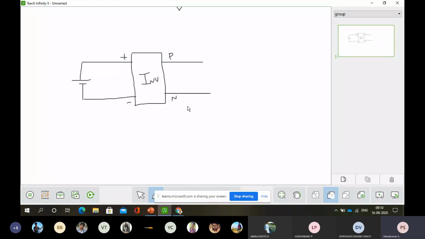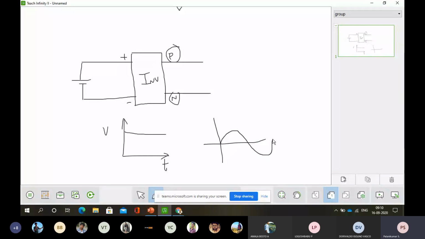Usually it is not positive and negative; we have to assume it is phase and neutral. Up to this end, if I draw the waveform between time and voltage, the voltage will be constant. But after the conversion, it will have a phase angle, so it will be sinusoidal.